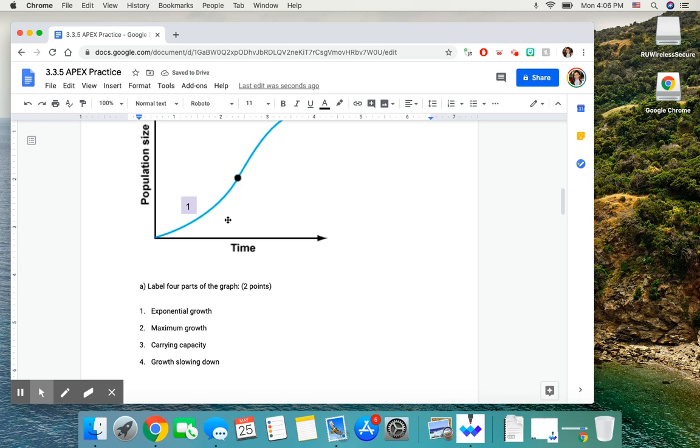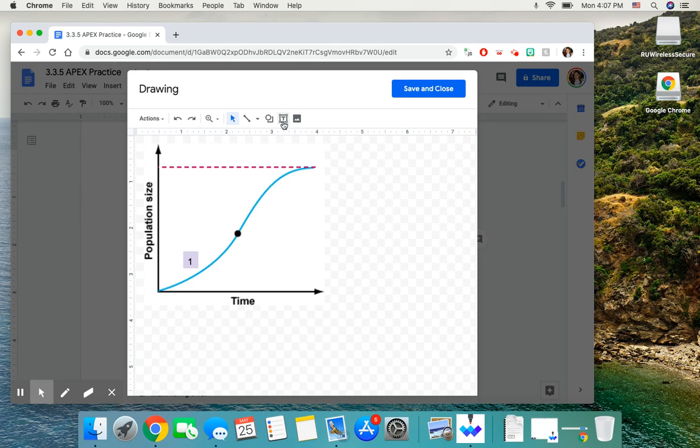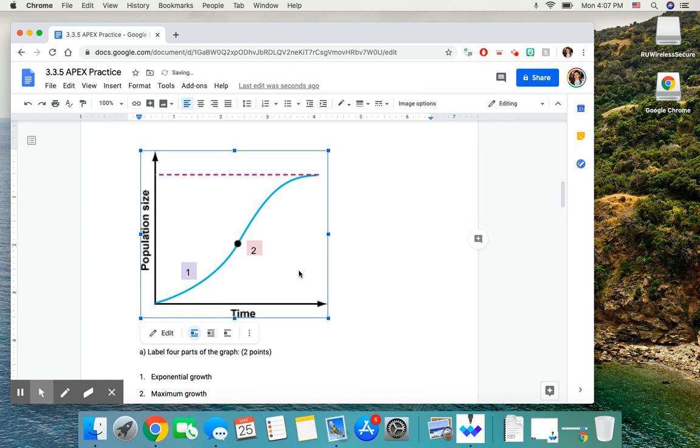So the next one would be maximum growth. Let's go back and edit. We're going to put a 2 near this black dot because that's indicating the maximum growth. Again, same thing. You could even use a different color if you'd like. And there you go. Now, the next one is carrying capacity, I believe. So let's just save and close and double check.